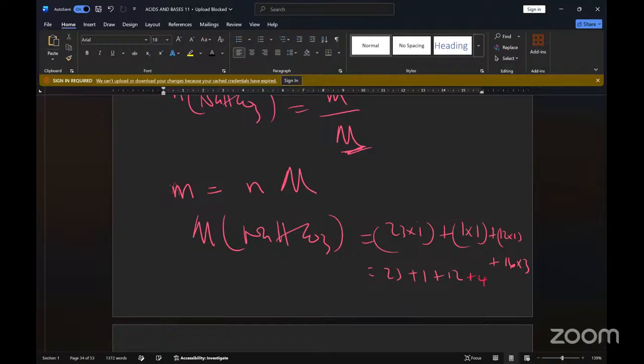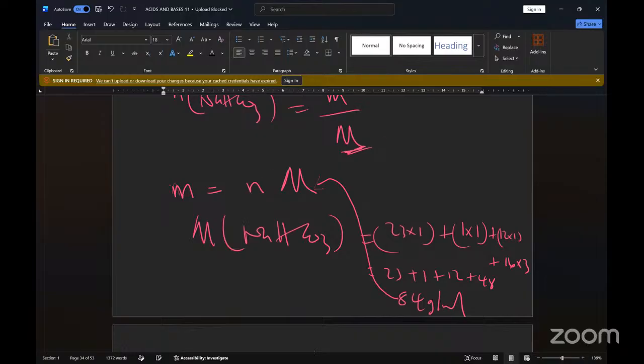So 48 plus 12 plus 1 plus 23 gives us 84. So this is 84 gram per mole.